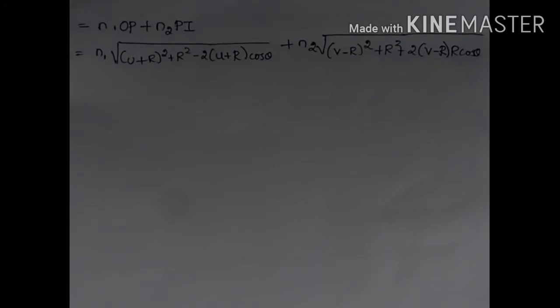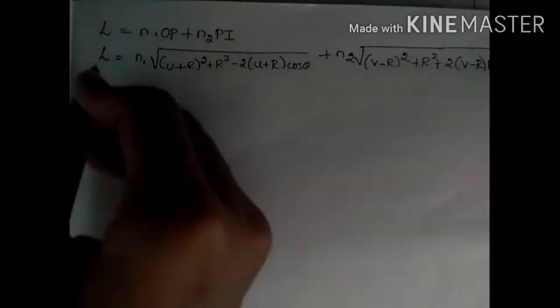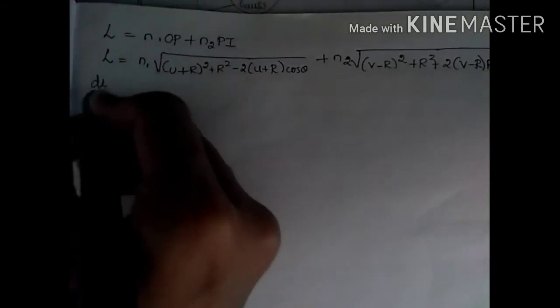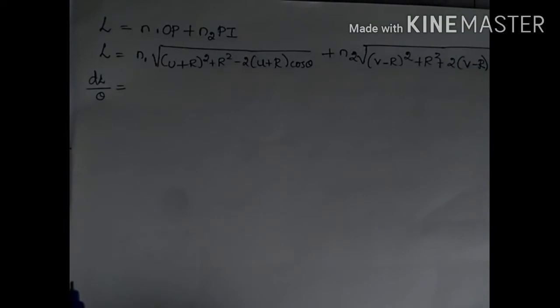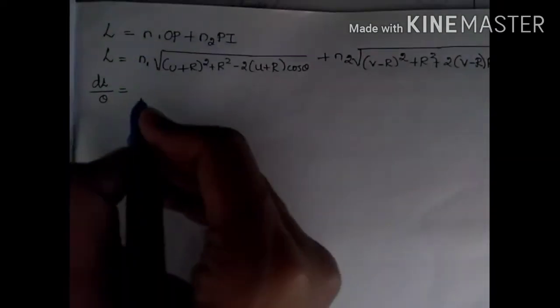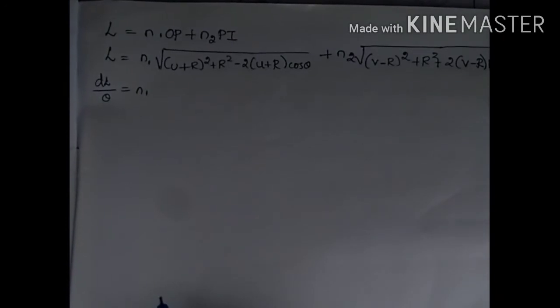To solve this, we have to take the differentiation of L, so dL by d theta. n1 here is constant, so n1 remains the same. Differentiation of root x is 1 by 2 root x.